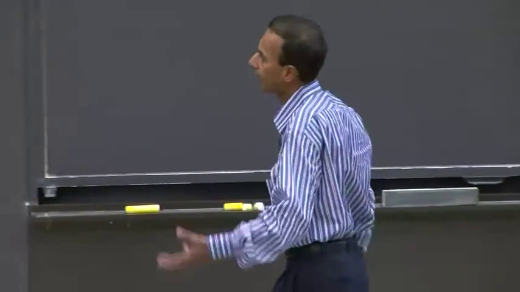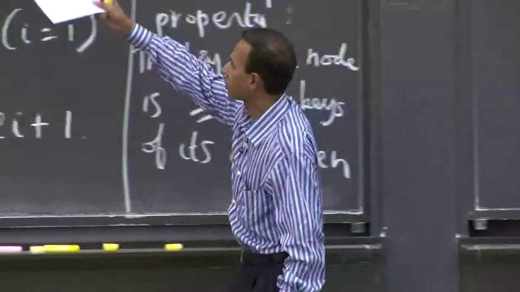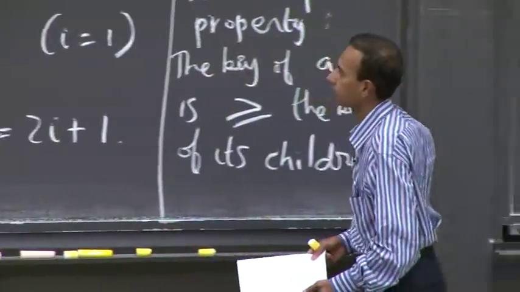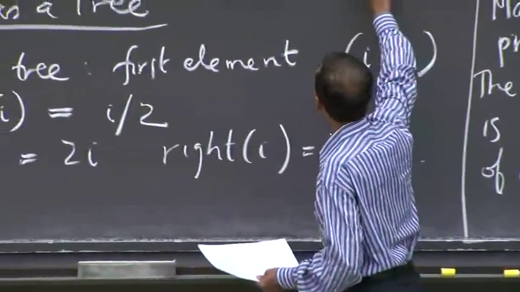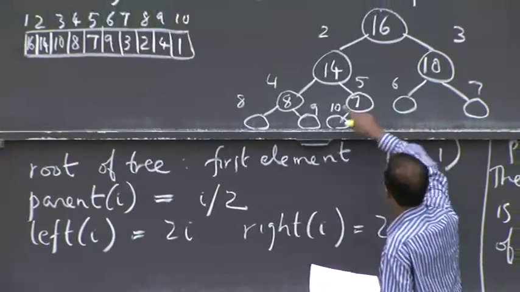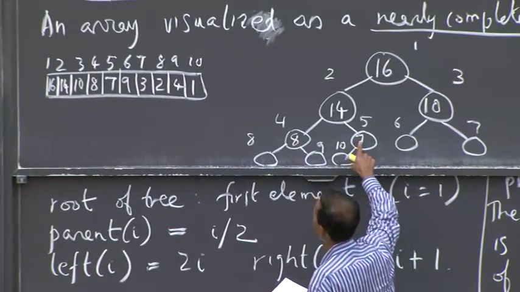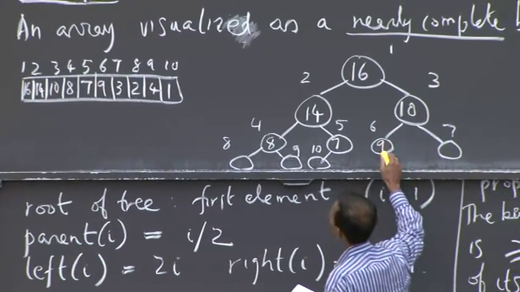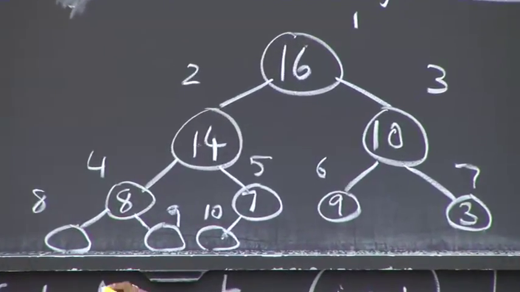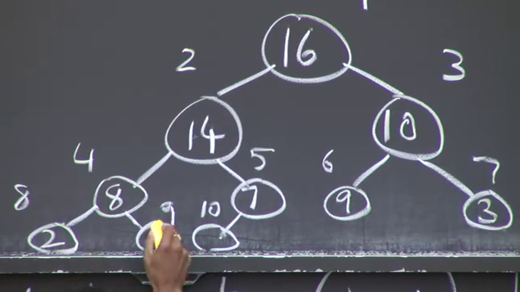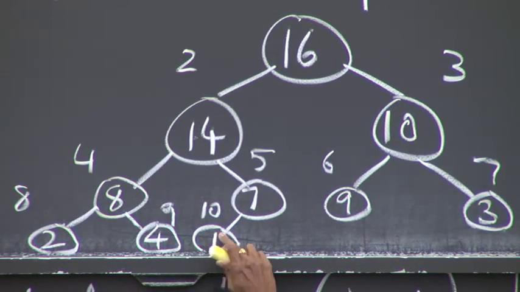But at higher levels, you're going to have children, and you have to check that. So if you look at this example here, maybe I should fill this whole thing out. So I have 8 and 7 here, and 6 would be 9, and I have 3 over here, and then 2, 4, 1, right?